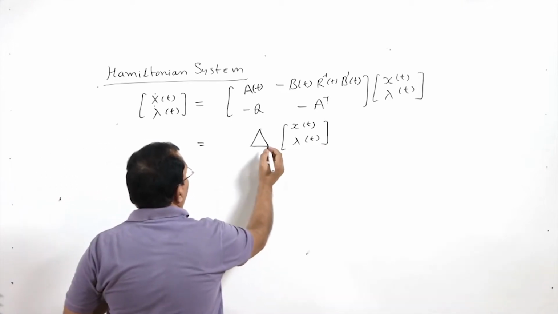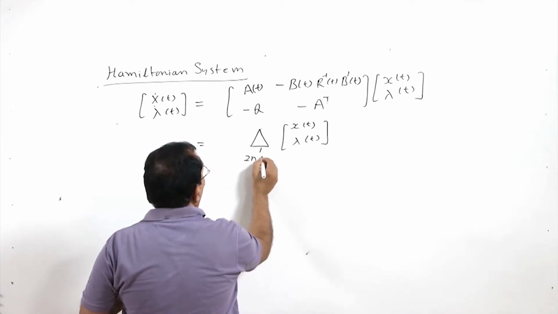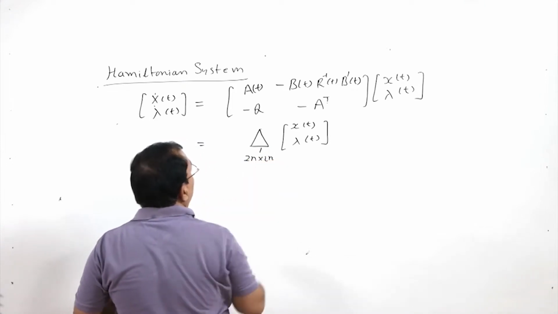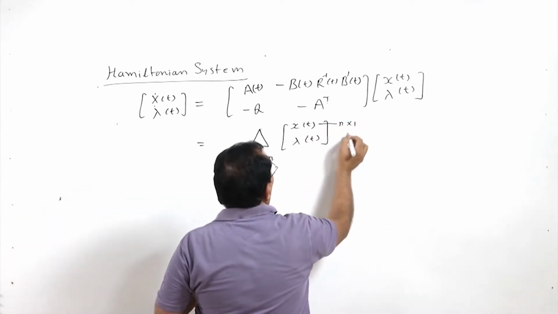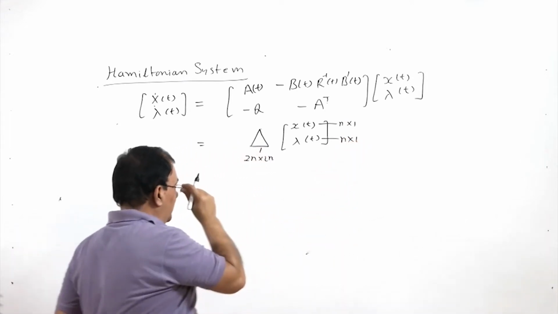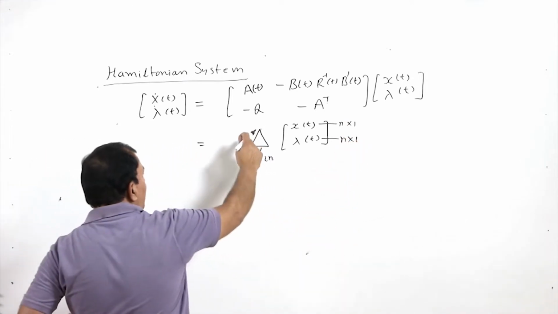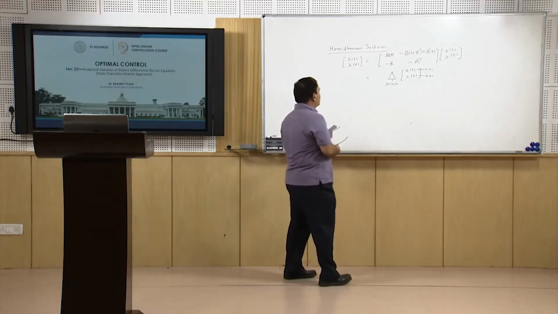And what is the delta? Delta is nothing but a 2n by 2n matrix, because x is n cross 1, lambda is also n cross 1. So, the size of my Hamiltonian matrix is 2n by 2n.